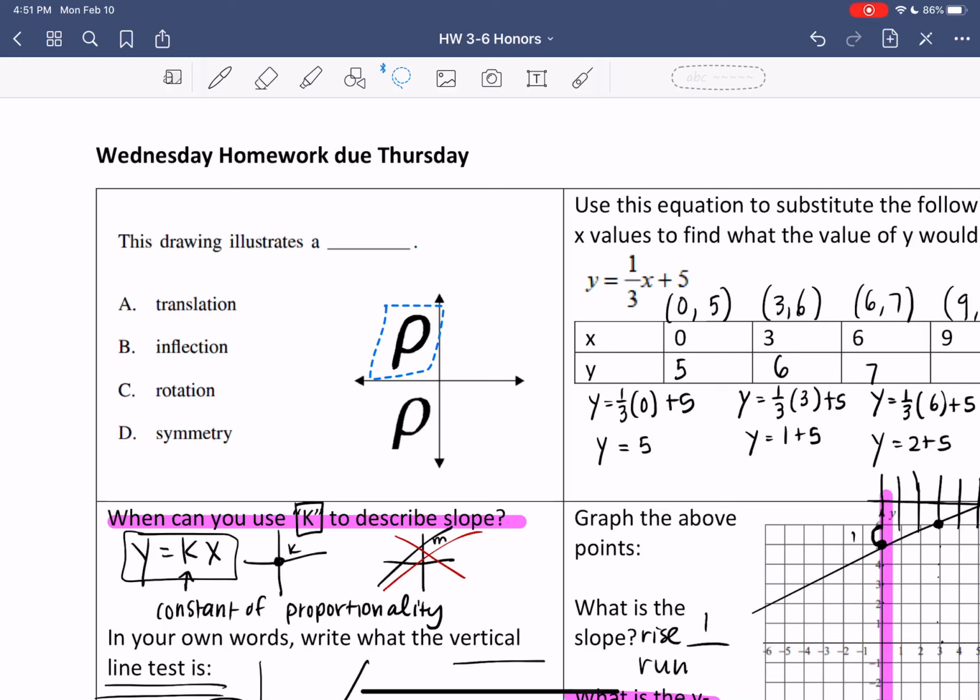If it was a rotation, I would have to rotate it to get this same one. But if you look, as I just slide this down, what is the transformation type in the answer choices that talks about a slide? What is the other word for a slide?